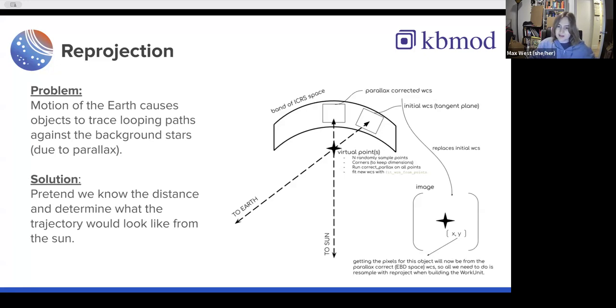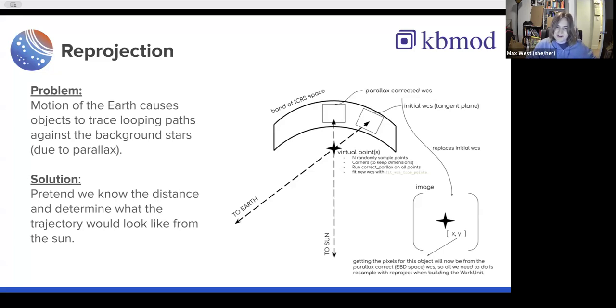What we do is we take n randomly sampled points from our observation plane for a given image. We can do this heliocentric or barycentric correction to figure out where they would be if they had been observed from the center of the solar system. And then we can fit a new WCS from those randomly sampled points. Basically, we can just take the old WCS, the old coordinate system from the image, and swap it out with our new what we call EBD, or explicit barycentric distance space.